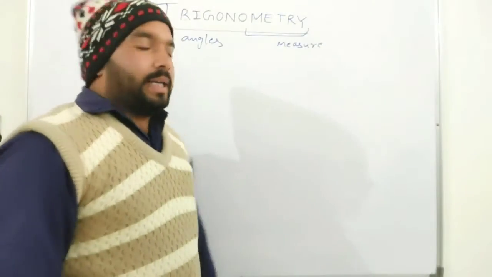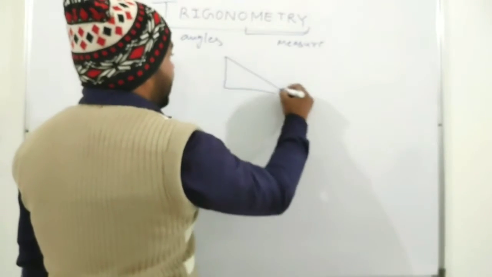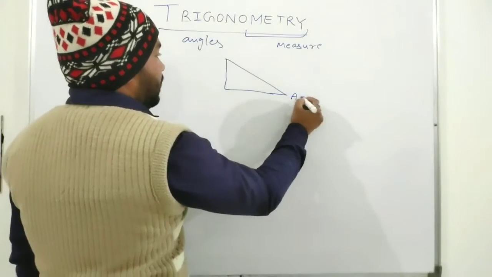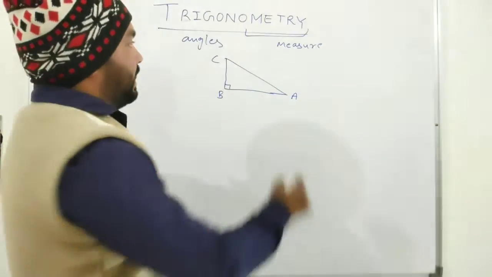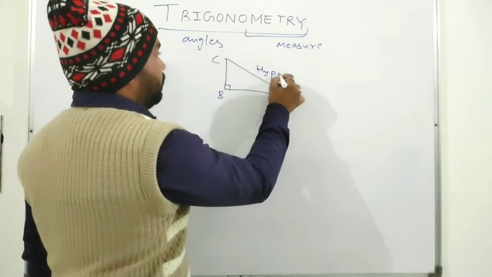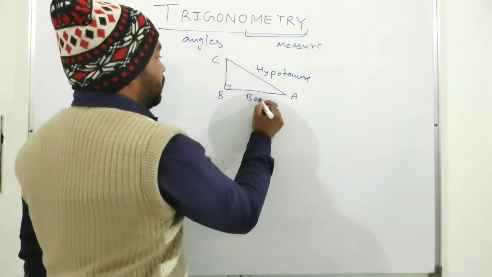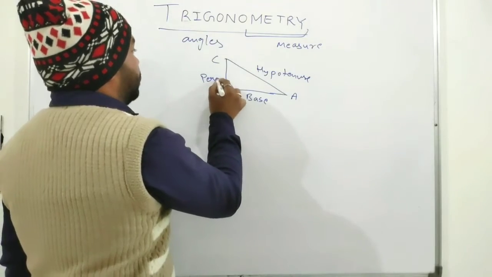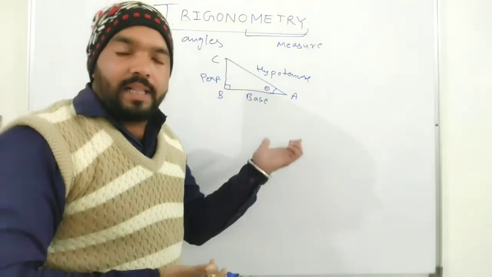Actually, trigonometry is based on the right angle triangle. Here the triangle ABC is a right angle triangle, where it has the hypotenuse, base and perpendicular. If we talk about angle A, we can take it as angle theta.